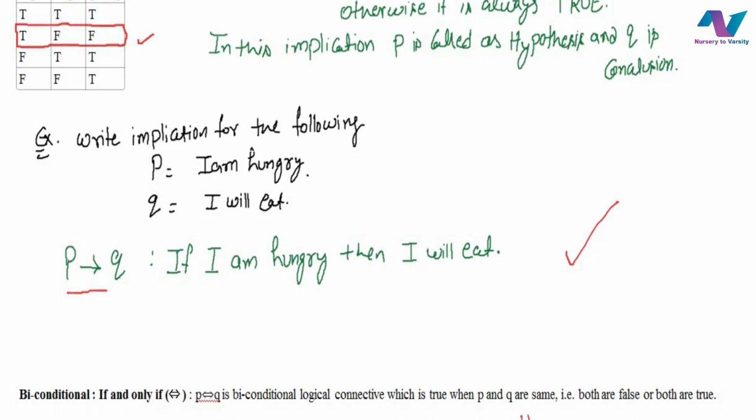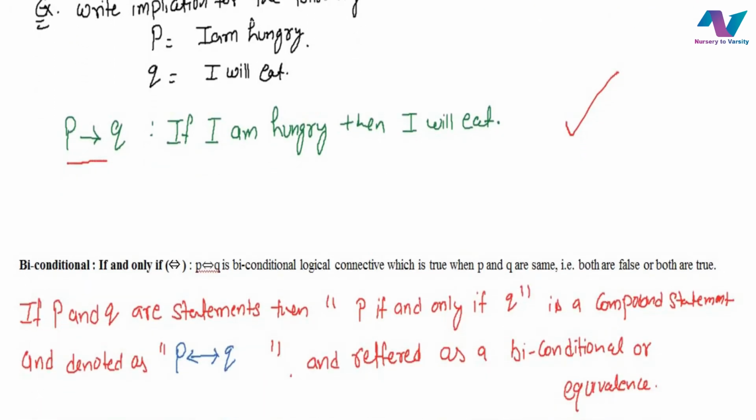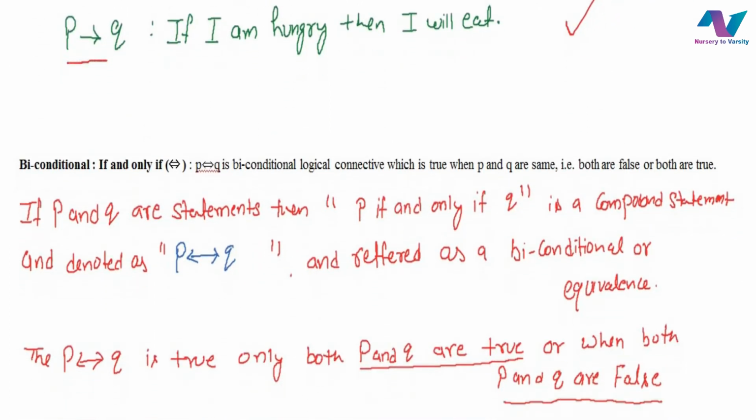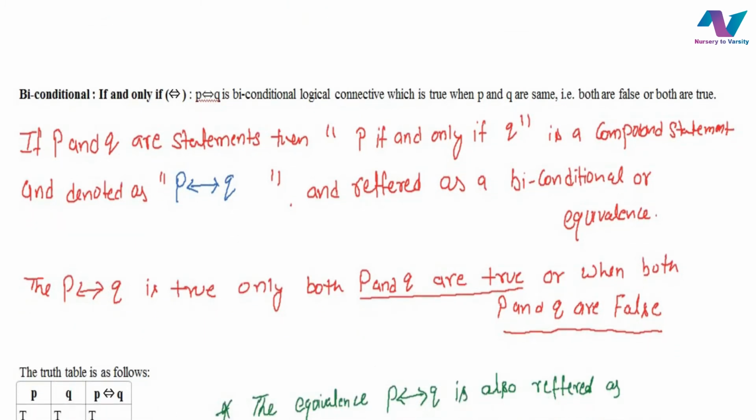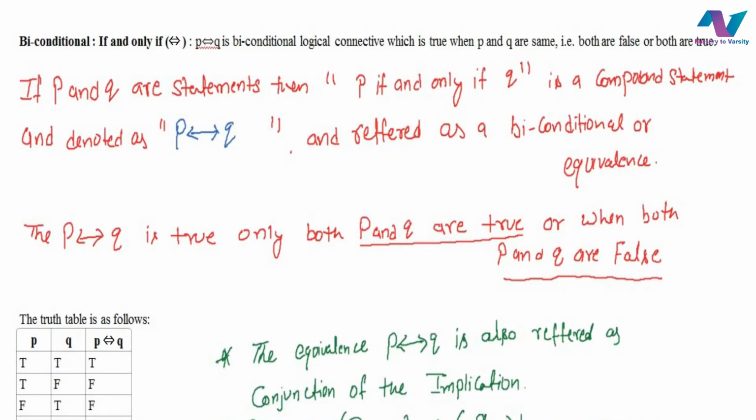Now we are moving towards the biconditional, or we can say the if and only if truth table, our last truth table for today's session. If P and Q are statements, then P if and only if Q is a compound statement, and we denote it with the biconditional symbol, referred to as biconditional or equivalence.